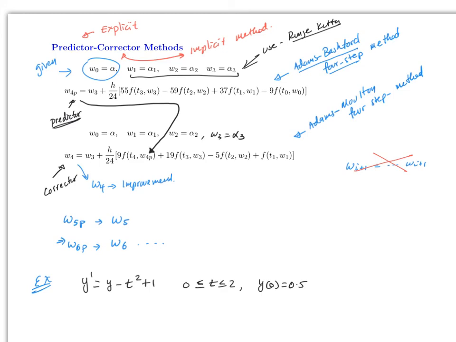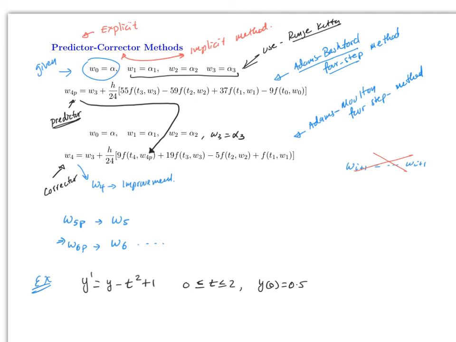So we apply the method the way I said before. You need to compute these values first using the Runge-Kutta method or another technique. Then find W4P, which is the predictor. You plug it into the implicit method to get the corrector.